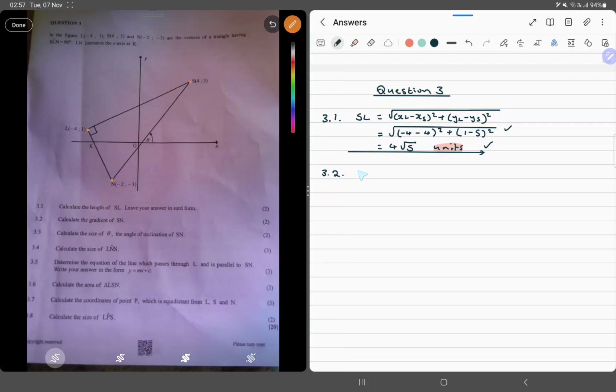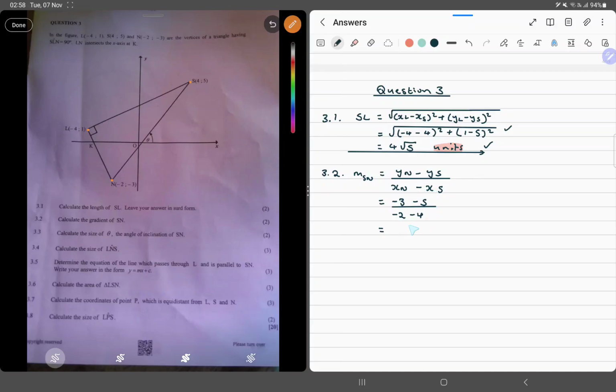So we've got 2 points there. So the gradient of SN is going to be y at N minus y at S over x at N minus x at S. So we can say m_SN equals: y at N is minus 3, y at S is 5, over x at N is minus 2 minus 4.